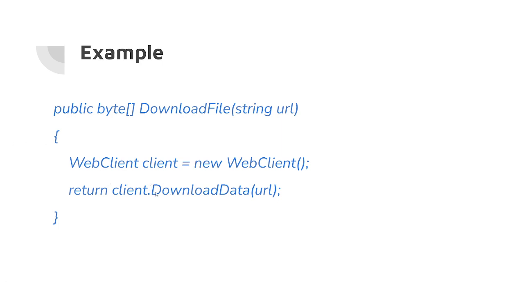Then we are calling the client.DownloadData method. The method is synchronous, meaning it blocks the caller thread until the download is complete. Once the downloading is complete, it will return the byte array. So meanwhile the UI will be blocked. The user cannot do anything here. So this is the example.